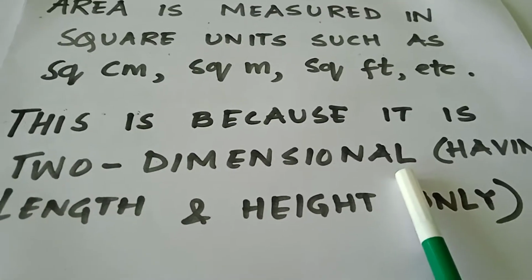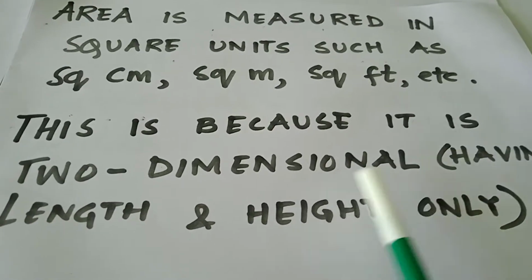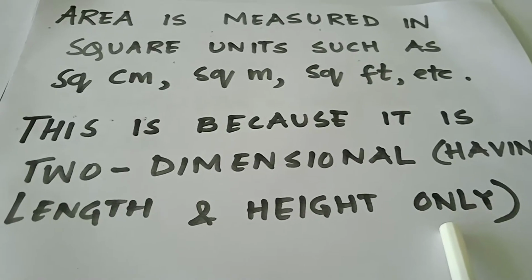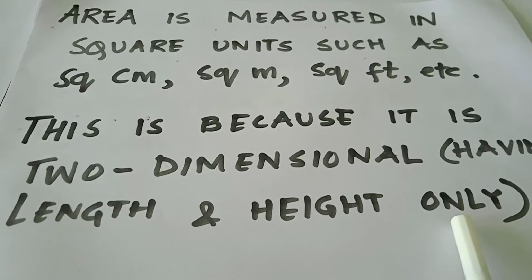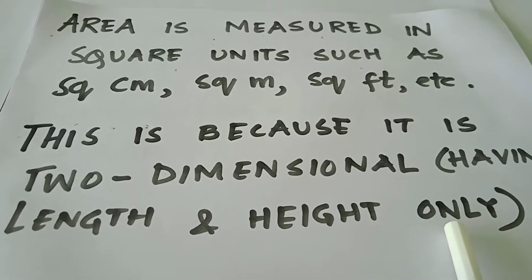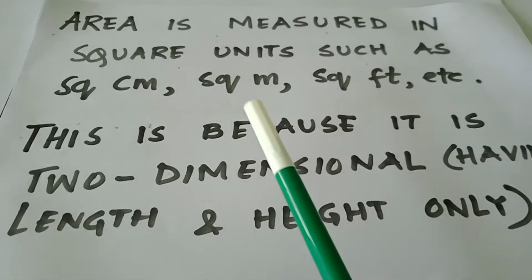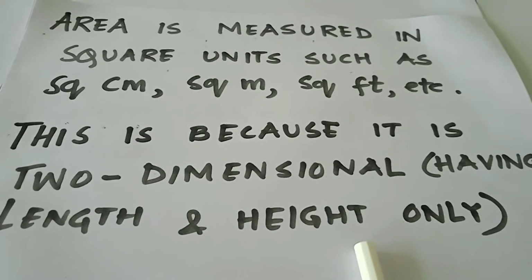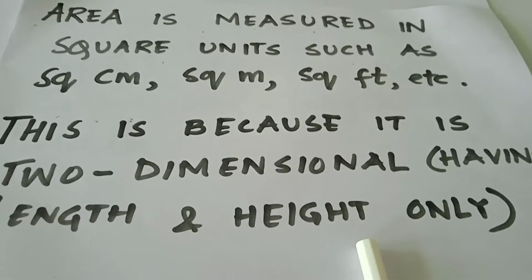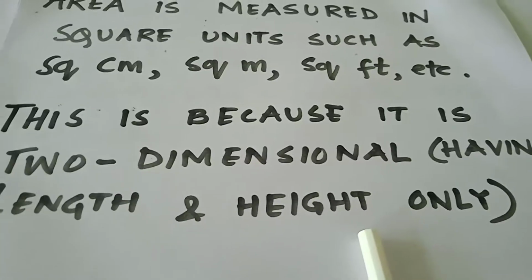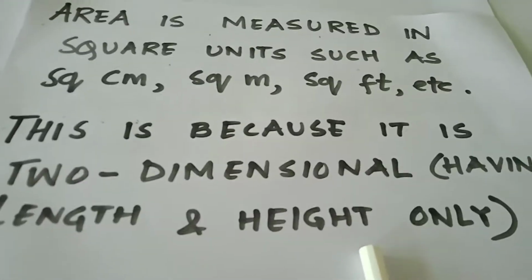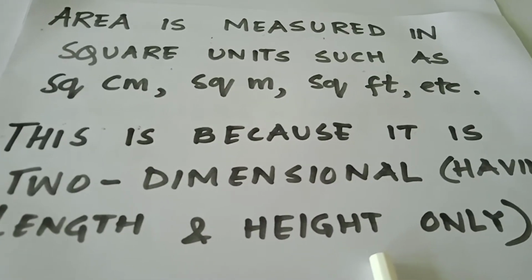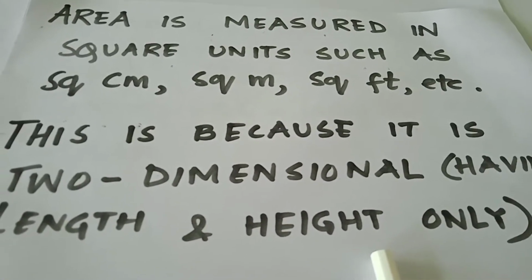Here, the two dimensions that we have are length and height only. So, we are always expressing the unit of area in squares. I think now it is quite clear why we use the square after writing the area of any figure. Isn't it so, children? Okay, let's continue.